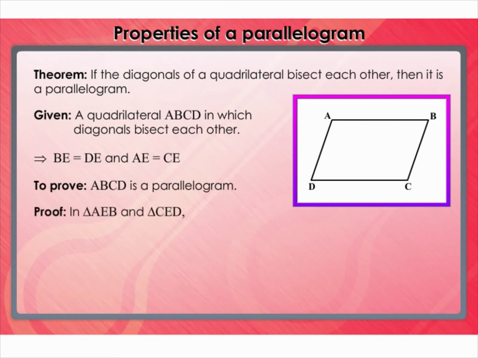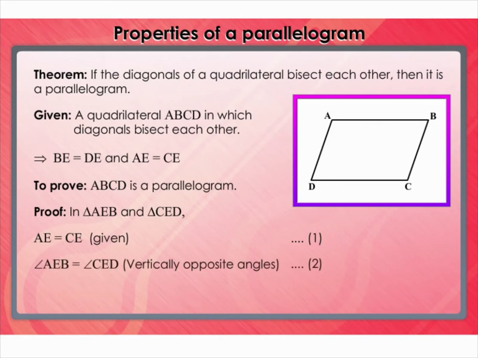In triangle AEB and triangle CED, we have given side AE is equal to side CE. We denote this as equation 1. Angle AEB is equal to angle CED, since they form a pair of vertically opposite angles, denoting this by equation 2.